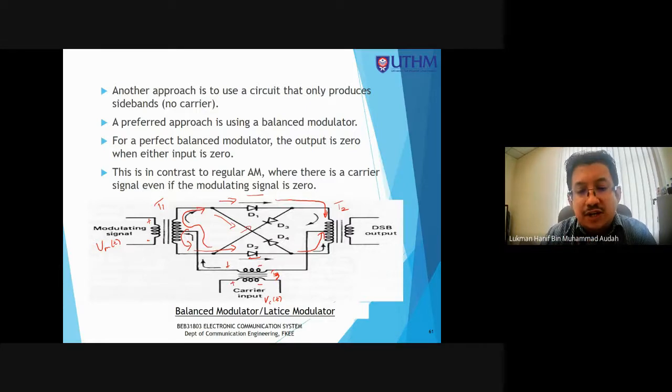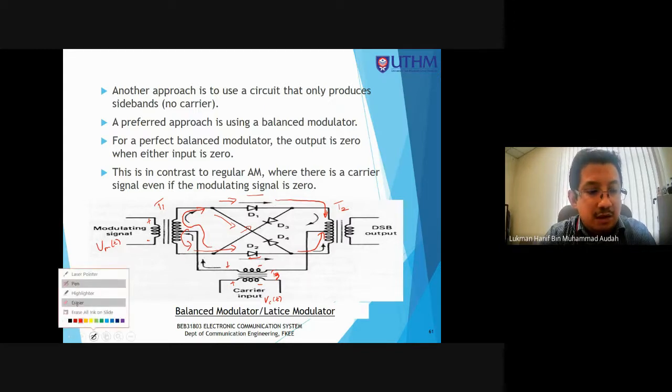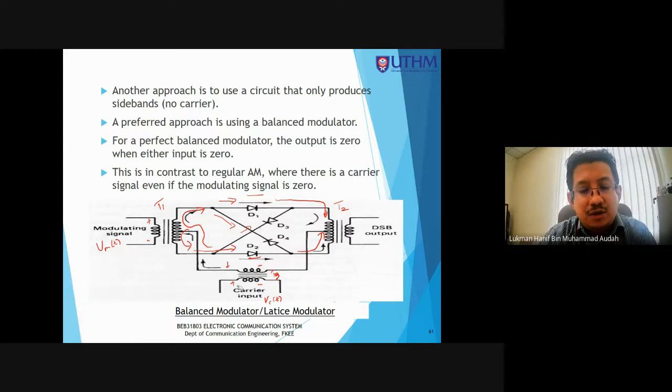Okay, kemudian polarity carrier berubah. Remember, polarity carrier ini berubah dengan kadar yang cepat berbanding dengan polarity modulating signal, information signal. Sebab frekuensi carrier lebih laju, so dia bertukar lebih laju daripada modulating signal. And then apabila polarity of the carrier change, what happen?